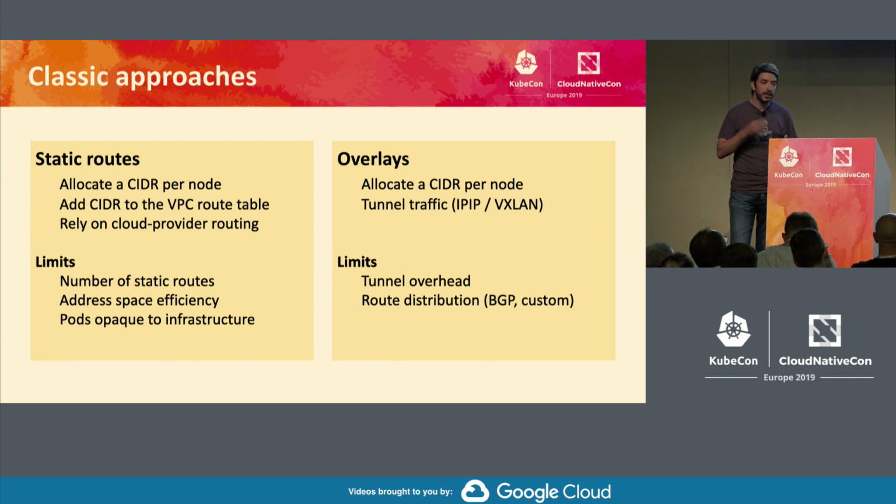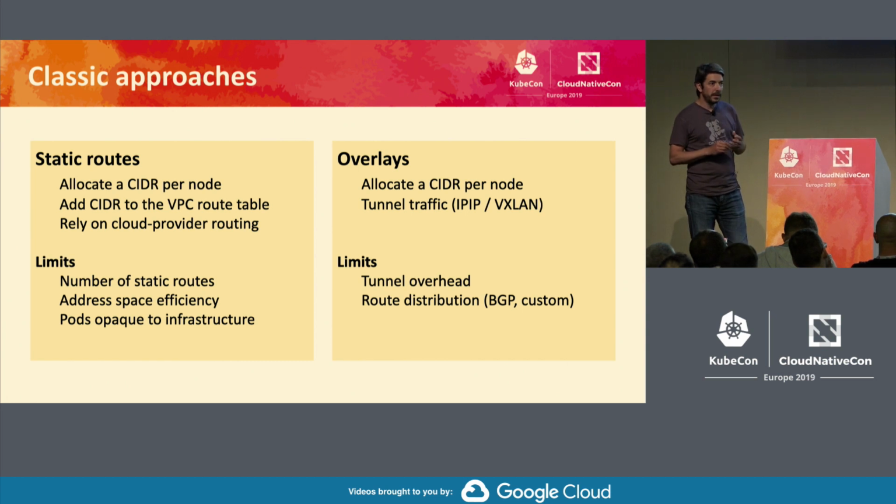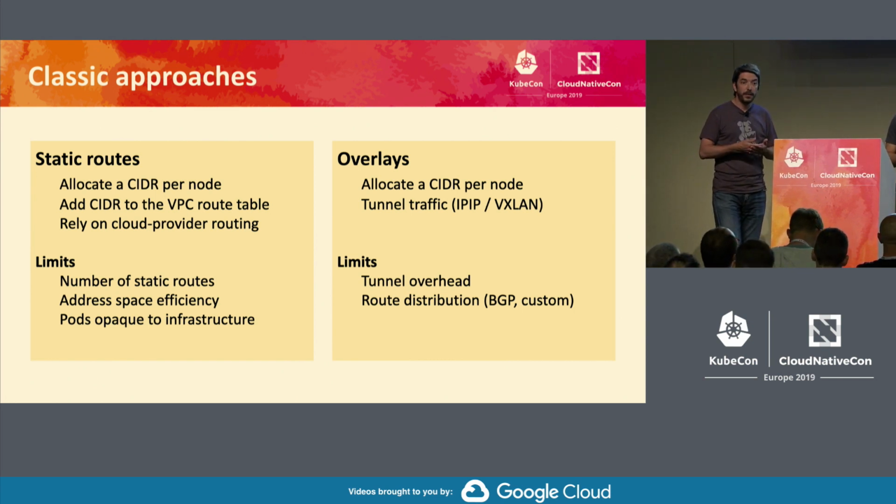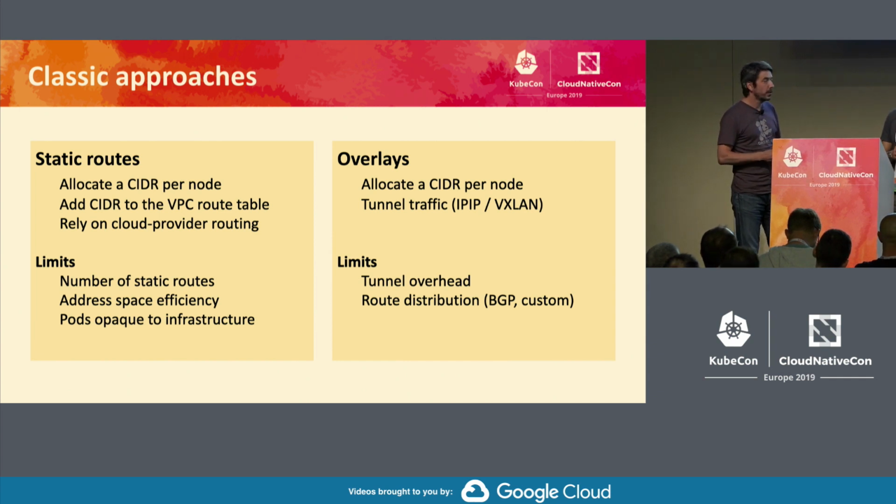The way it works is you do tunneling using either VXLAN or IP-IP. This works fine, and it's very efficient because routing is going to work regardless of the underlying infrastructure, which makes it very easy to set up, and that's why it's very popular. However, there's quite an overhead in tunnels because you need to create packets and add the additional header for them, and also distributing the routes is sometimes a bit tricky.